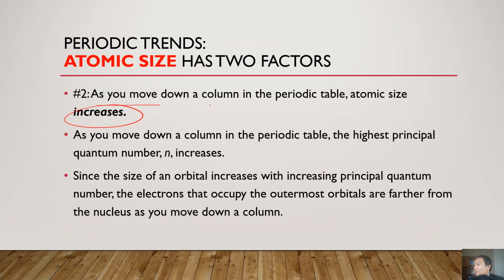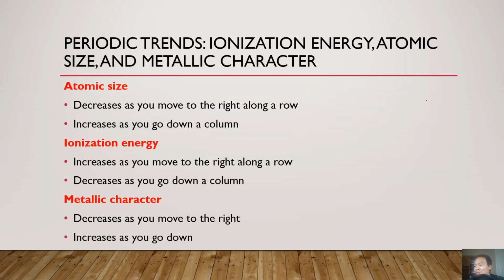The second trend, actually, we just talked about. Down the column from top to bottom, atomic size increases, and this can be explained by the electronic configuration. We have a few more that you need to pay attention to. We just talked about the atomic size trend, and now ionization energy.